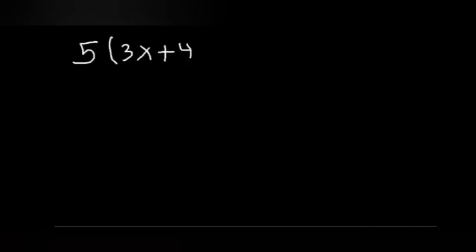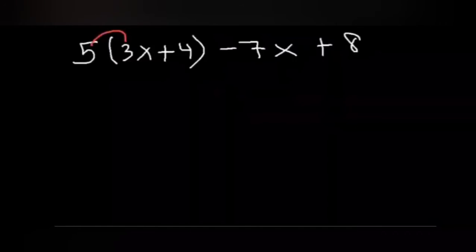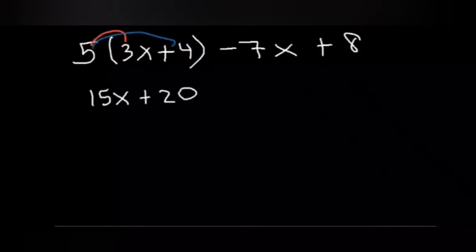We'll take another example. We have 5 open bracket 3x plus 4, okay, minus 7x plus 8. Now opening the bracket, 5 multiplying 3x gives us 15x, and 5 multiplying 4 gives us plus 20, minus 7x plus 8.